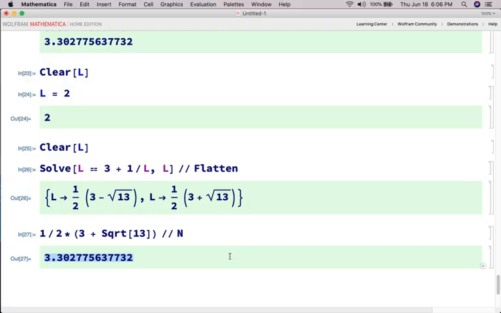For many applications, like if you're an engineer, you're probably not going to be interested in this answer. You're going to want this answer.